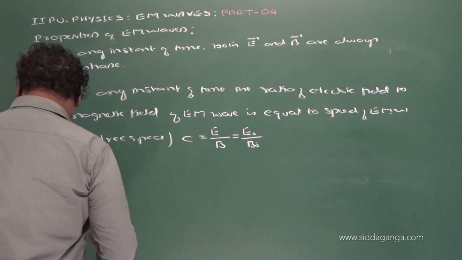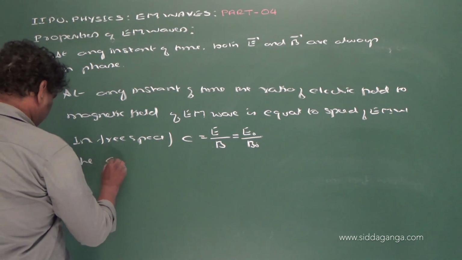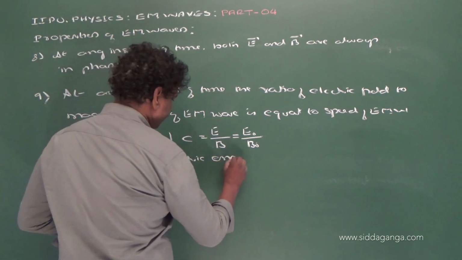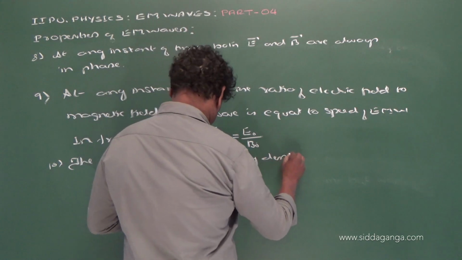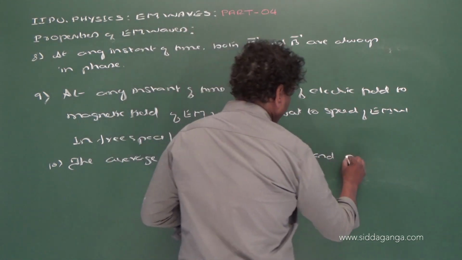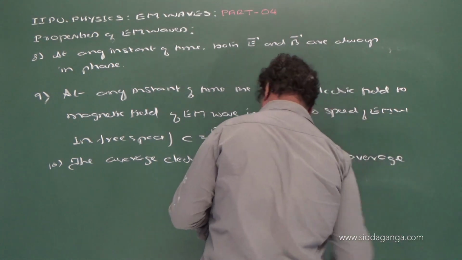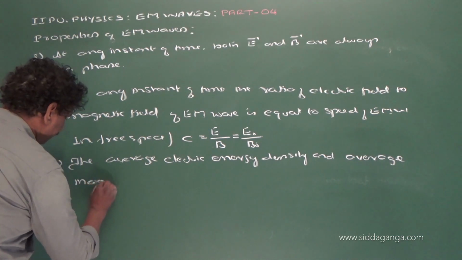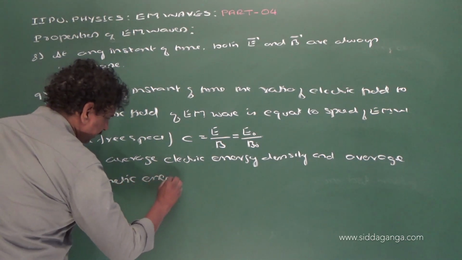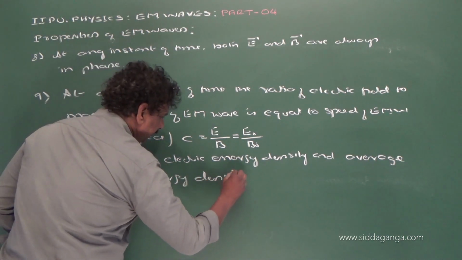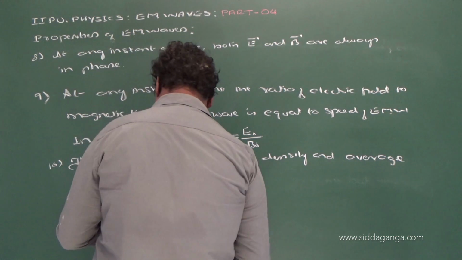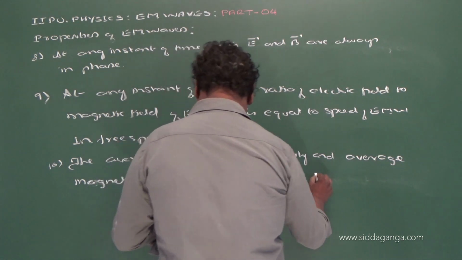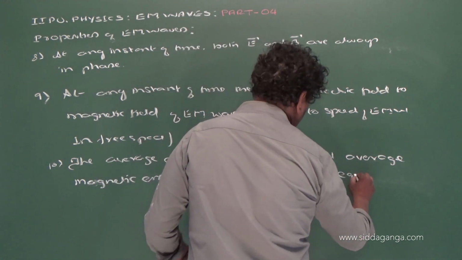Now the 10th one, the average electric energy density and average magnetic energy density of electromagnetic wave are equal.